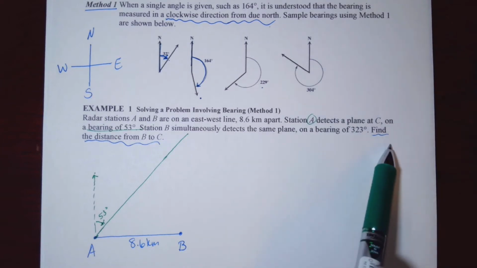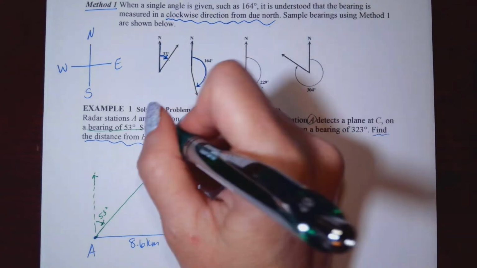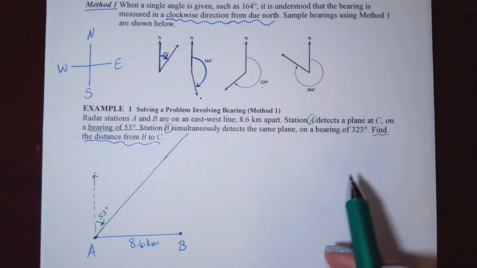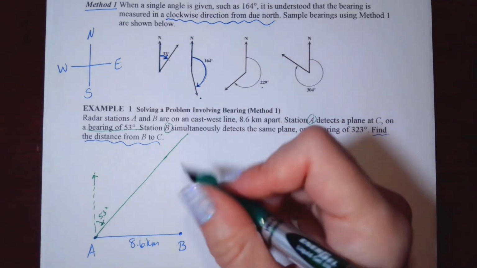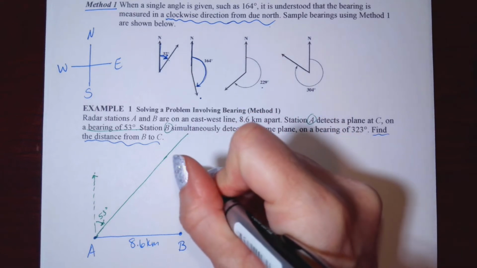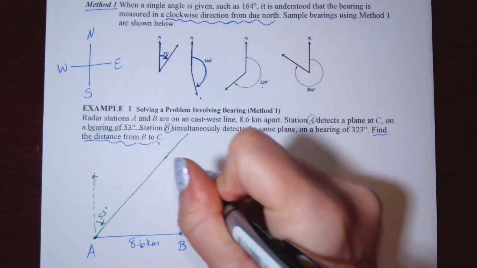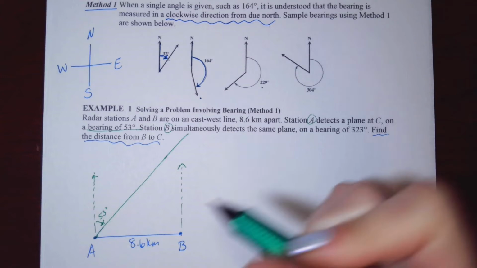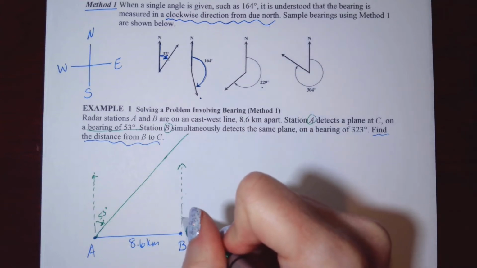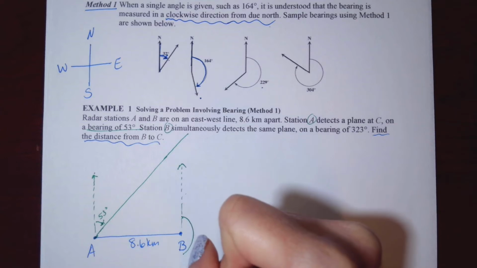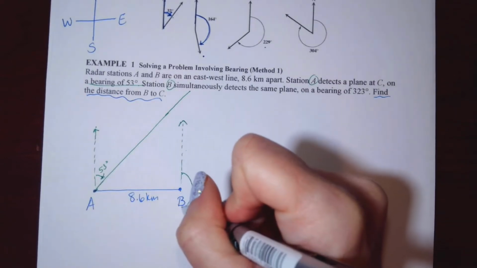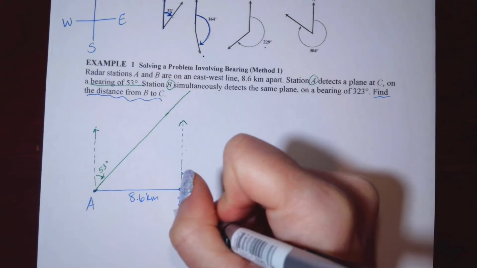Now, Station B detects the same plane at the same time on a bearing of 323 degrees. So let's think about this. From a line due north of B, 323 degrees, if I'm rotating clockwise, that's going to be 180 to the southern direction, and then another 90 puts me at 270.